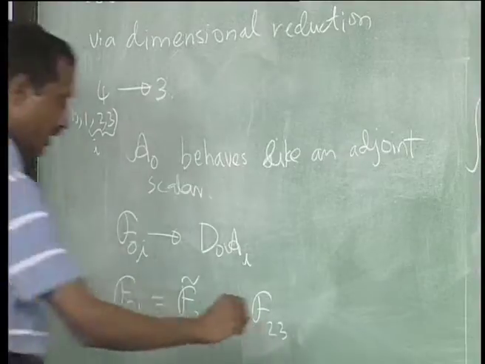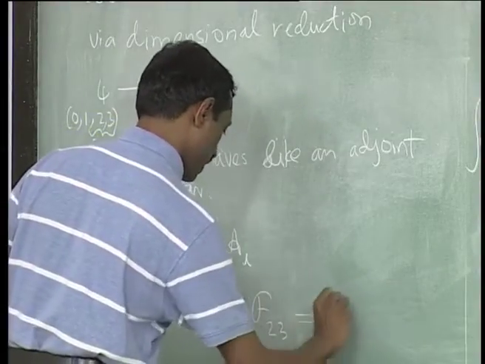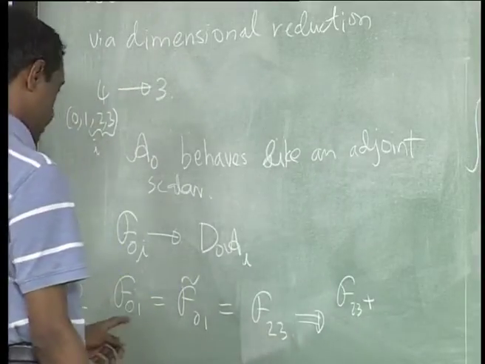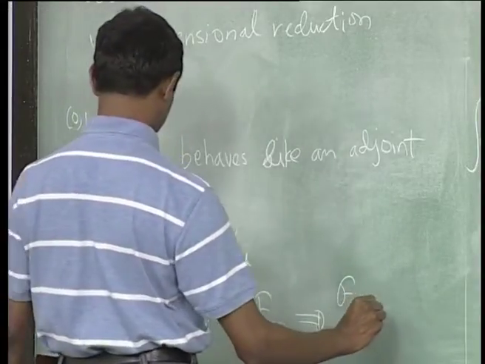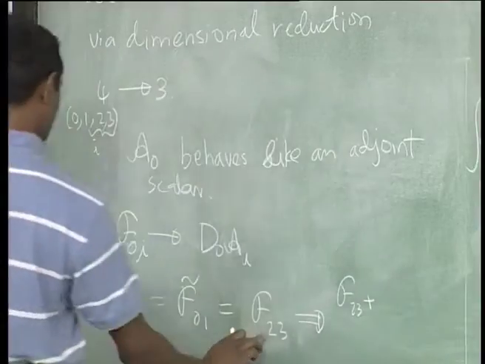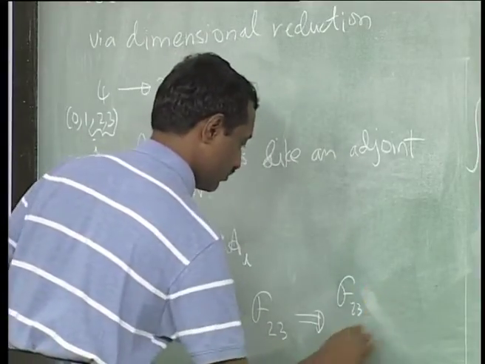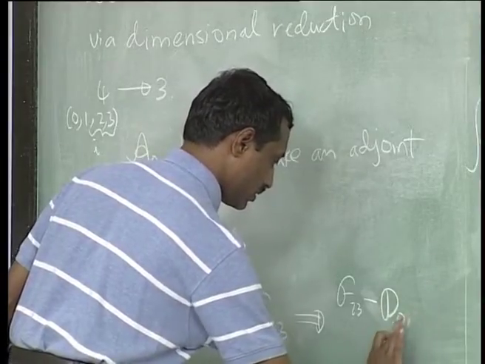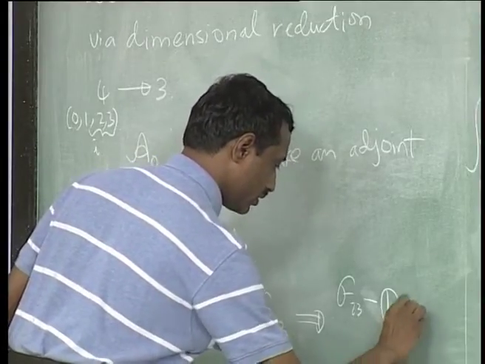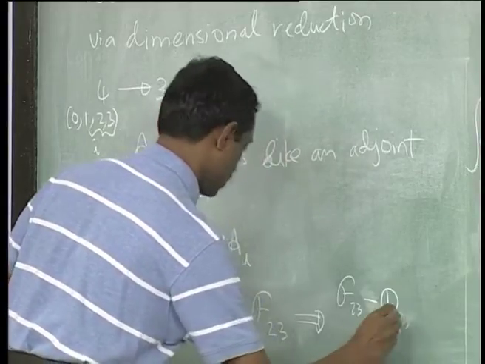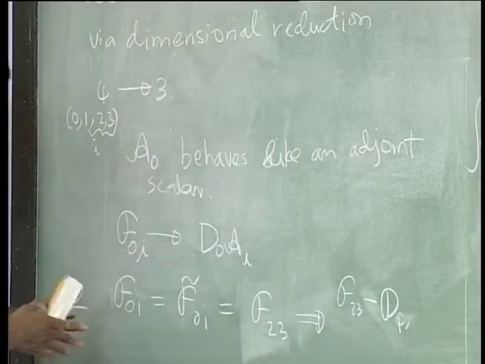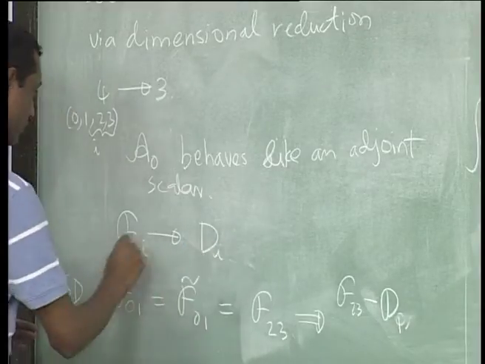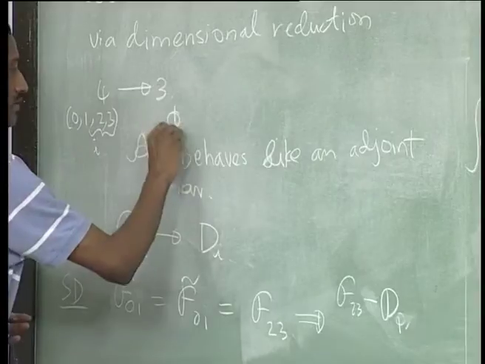So, this equation becomes F23 minus D1 of A0, which we will call a scalar phi.